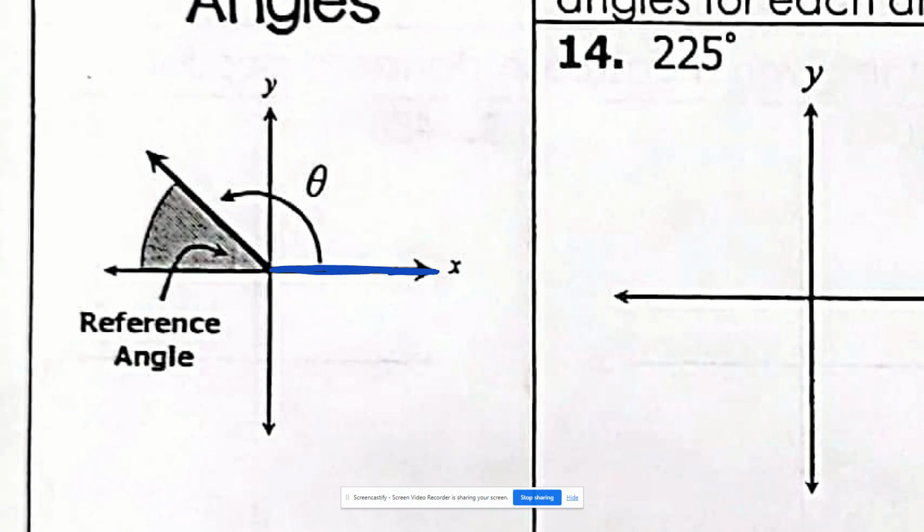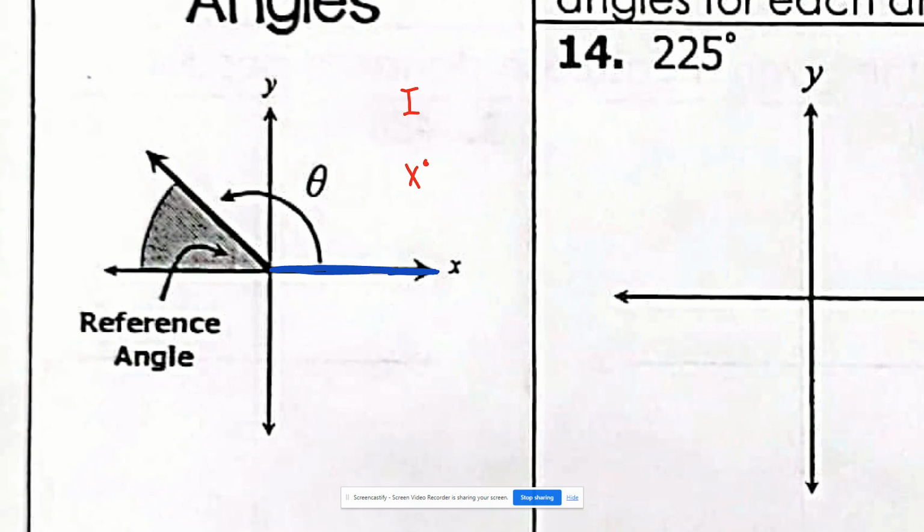So let's start with this x-axis right here first. The easiest is if that angle is up here in your first quadrant. How far from the x-axis is it? Well, it is itself. Okay? That's easy.